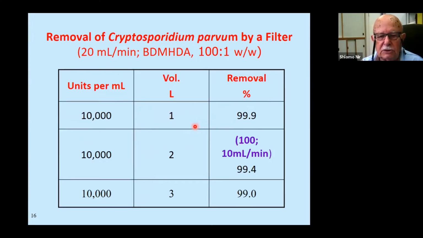This slide shows removal of a parasite, Cryptosporidium parvum, by a filter which included the powder material, just 6 grams of it, and the number 10,000 per ml represents about 6 orders of magnitude above very polluted systems. So we see a good removal of this parasite. And when we reduce the flow rate from 20 ml per minute to 100, the first 2 liters don't include any particles.